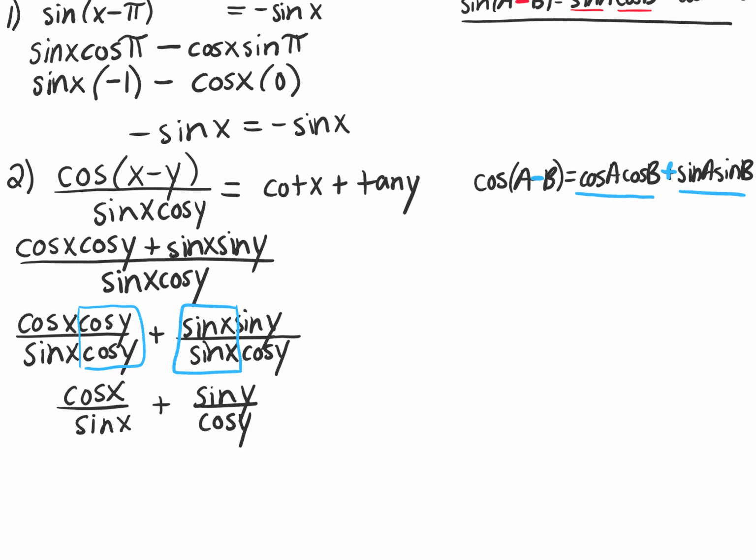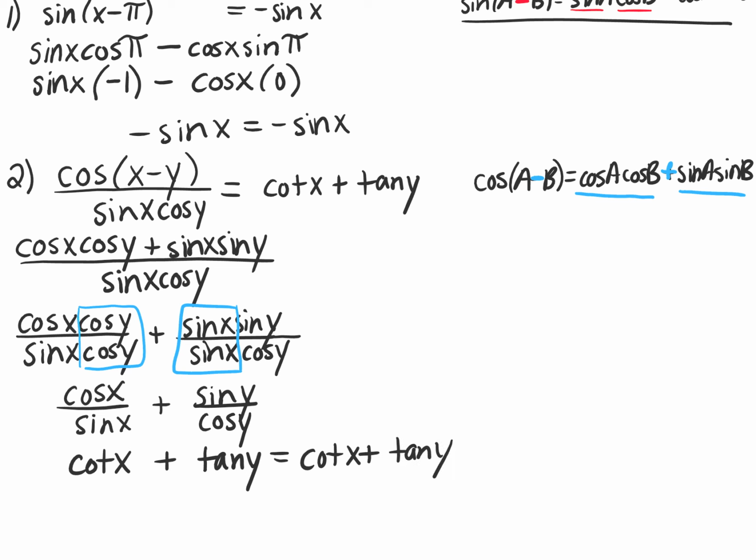So the reason for that step that I highlighted in blue would be simplifying. And then our next step, we can change cosine over sine into cotangent using a quotient identity. Sine y over cosine y changes to tangent also for the same reason, quotient identity. So you would be allowed to do those both at the same time. And for the same reason, you were able to do the blue step and the simplifying at the same time as well.